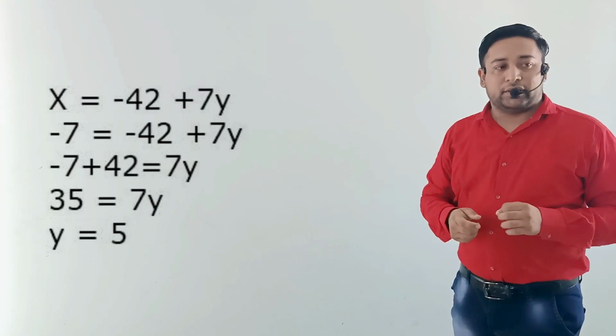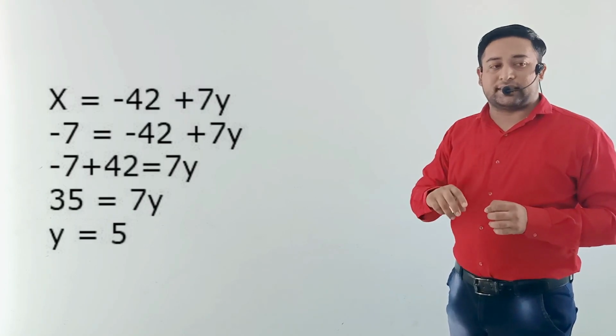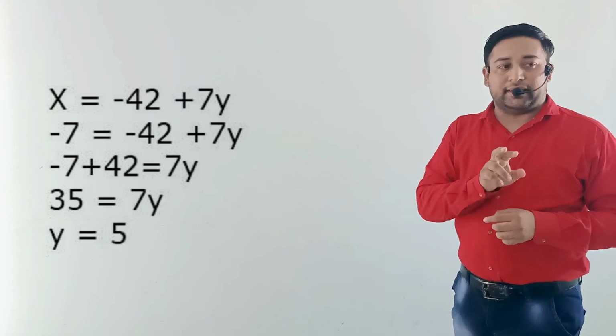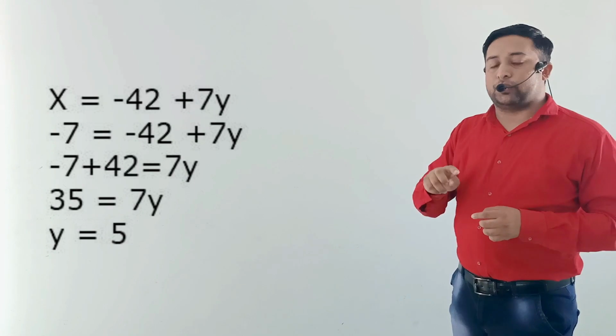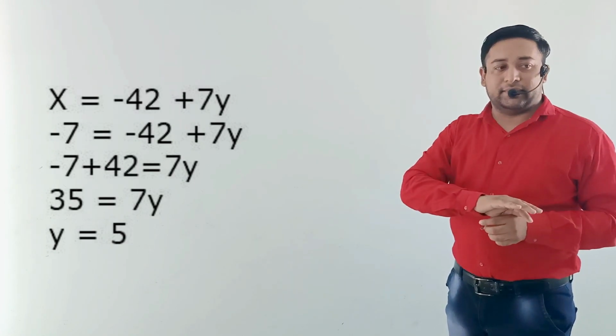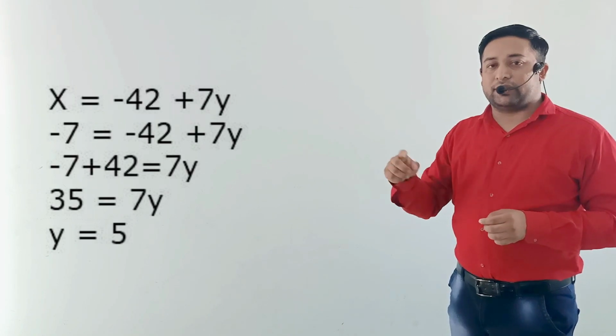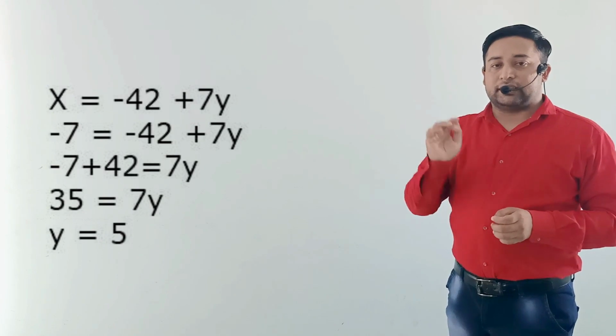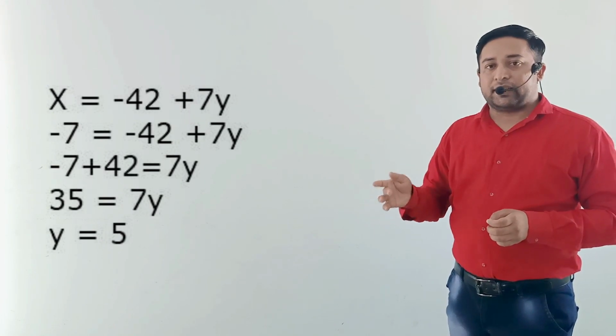Let's first substitute the value of x as minus 7. So x is equal to minus 42 plus 7y. Substituting x as minus 7, minus 7 is equal to minus 42 plus 7y. Taking minus 42 from the left hand side to the right hand side, minus 7 plus 42 is equal to 7y. So 35 is equal to 7y.